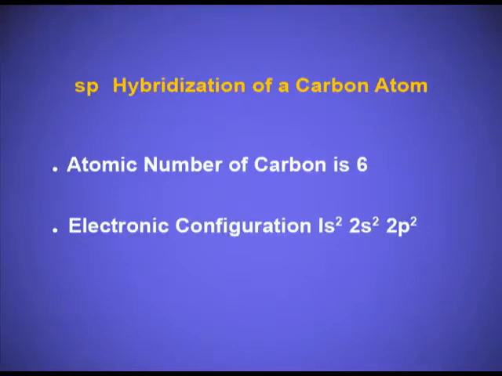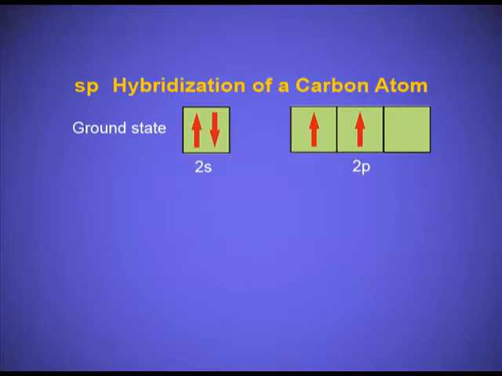Carbon, atomic number 6, has the electronic configuration 1s2, 2s2, 2p2. It is the ground state electronic configuration. Now in the ground state, there are only 2 unpaired electrons. These 2 unpaired electrons cannot make bonds with the other carbon and the hydrogens.